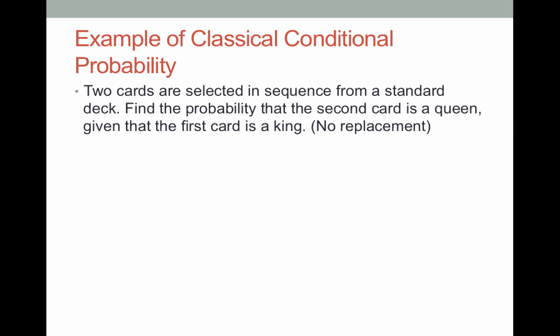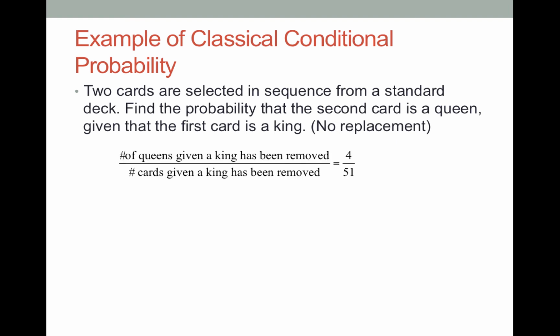Let's take a look at how to answer this. That numerator is going to be the number of queens given a king has been removed, divided by the total number of cards given a king has been removed. So how many queens are in the deck if you have a king in your hand? The answer there is that we still have 4 queens in the deck.